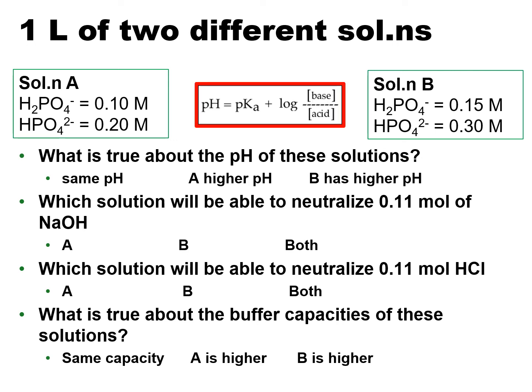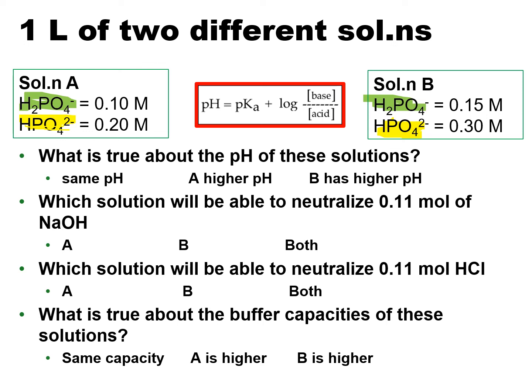And we can see that although the absolute amounts are different, they are both in a ratio of 2 to 1, where the monohydrogen phosphate, that is the base, because it has one less hydrogen, is going to be twice as much as the dihydrogen phosphate, that is the acid, and you have less of that, okay?